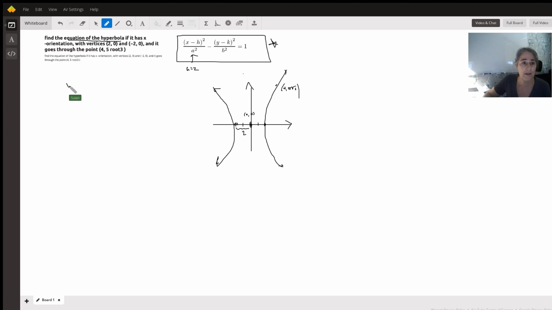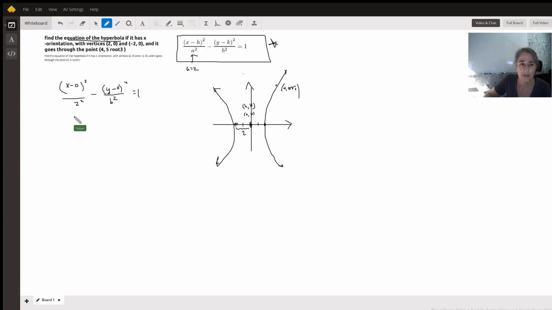So we're going to write down x minus 0, because that's our center point. Our center point is (h, k). So (x minus 0) squared over 2 squared minus (y minus 0) squared over b squared, we don't know that, will equal 1.